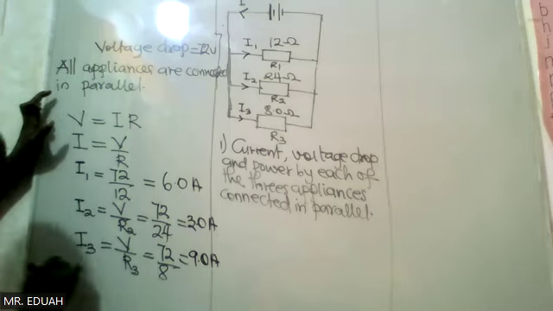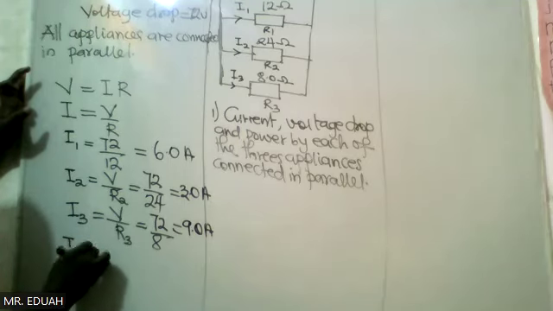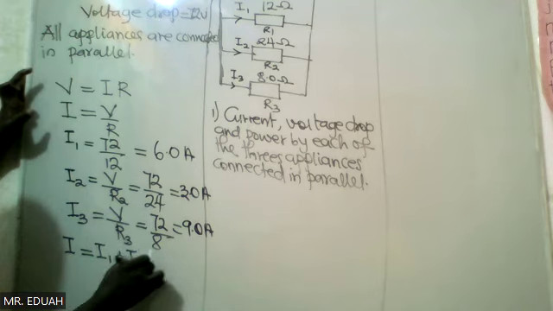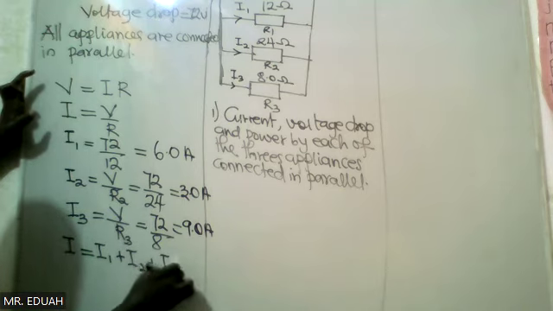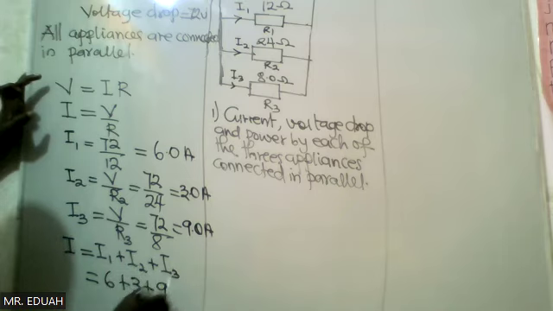Therefore, the total current coming from the source I will be equal to I1 plus I2 plus I3. Therefore, total current will be 6 plus 3 plus 9.